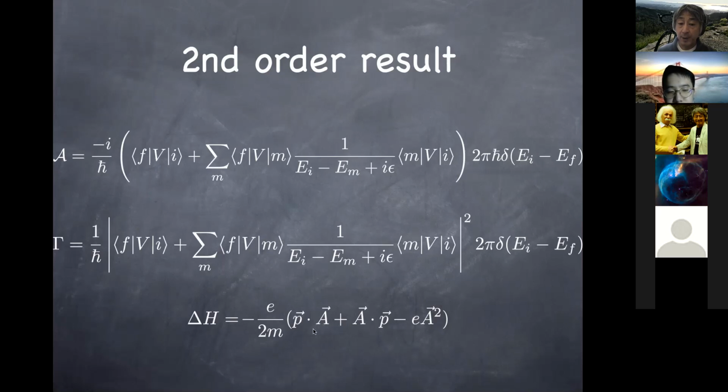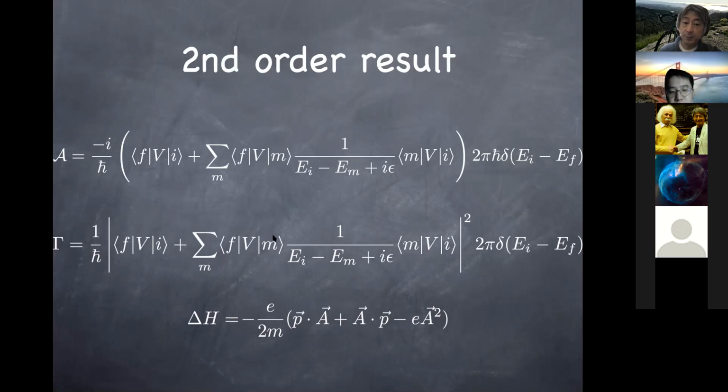On the other hand, the first 2 terms of the perturbation Hamiltonian have only 1 power of the vector potential. So I have to use it twice to get 2 photons in the final state. That's why we need to use the second order piece. From the initial state, I use these first 2 terms in V, and that leads to an intermediate state with 1 photon, with an energy denominator.